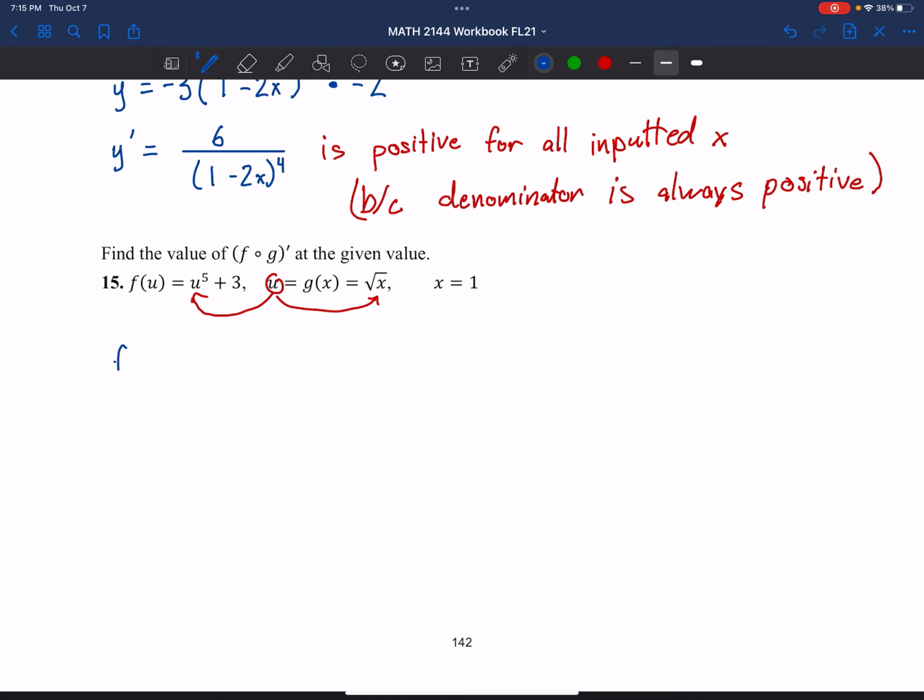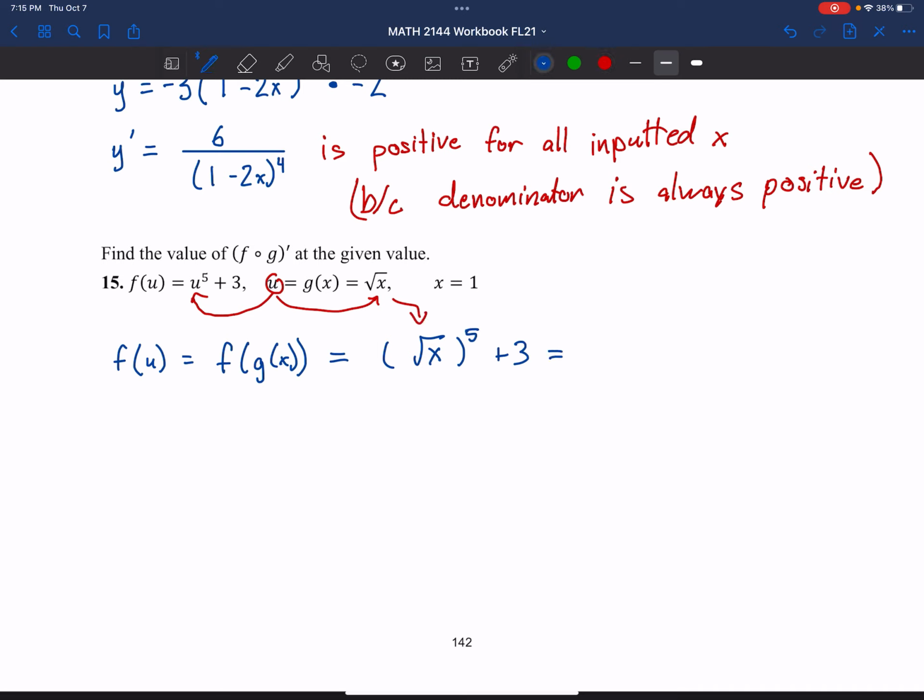So just go ahead and do f of u, or of course this is just f of g of x, or you could finally do this as just, to the 5th power, plus 3, and then plug in the square root of x, which we're given above.